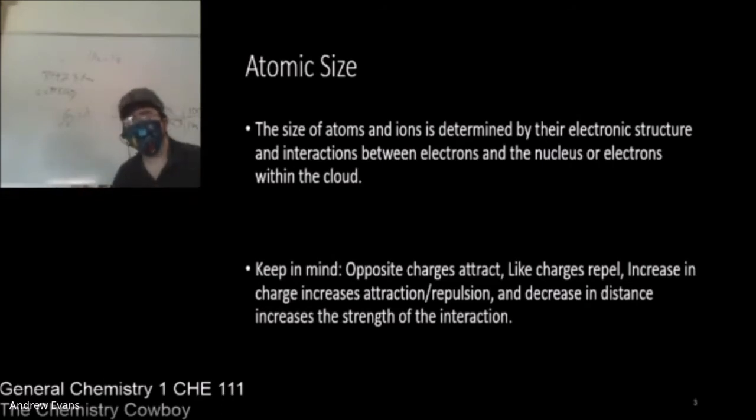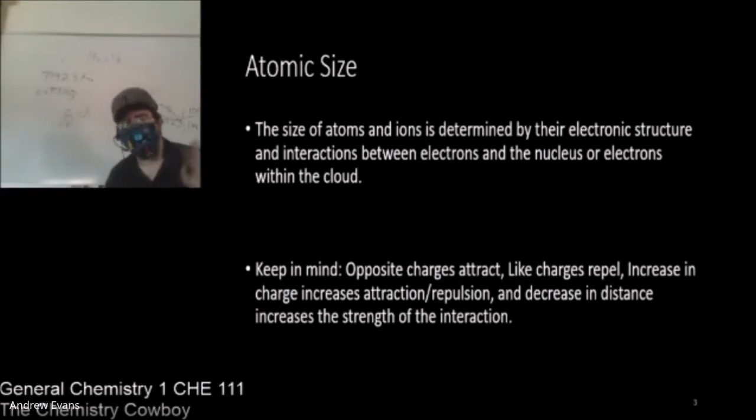The nucleus is a big chunk of positive in the center, constantly pulling that electron cloud in. The electron cloud is constantly trying to escape because the electrons push each other outwards. As they get closer to the nucleus, they start repelling each other back outwards. So there's a constant fighting force.